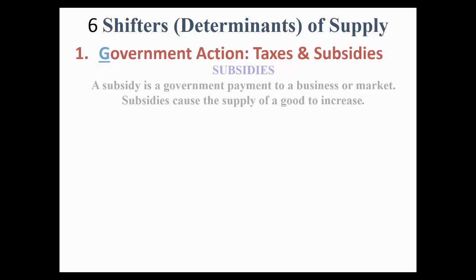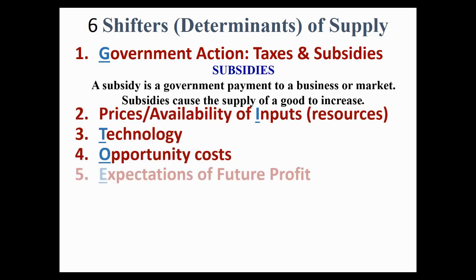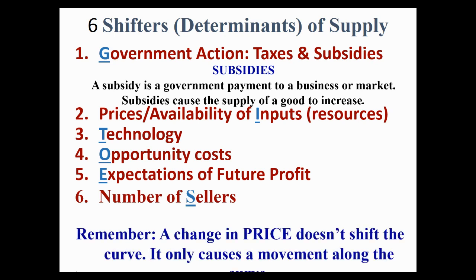So there are 6 determinants of supply. I believe your book specifically talks about 5, because I don't believe they talk about the government actions, the taxes and subsidies, which I will. But the 6 determinants are government actions, which is taxes and subsidies. Now, most people know what taxes are, and I put subsidies here just to make sure we're clear what a subsidy is.